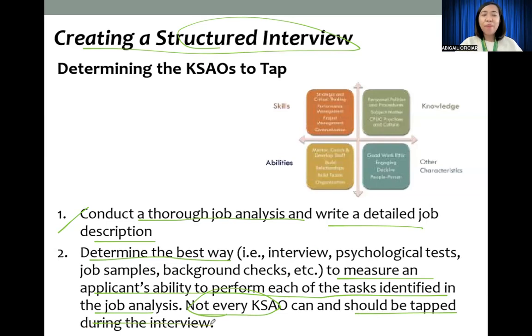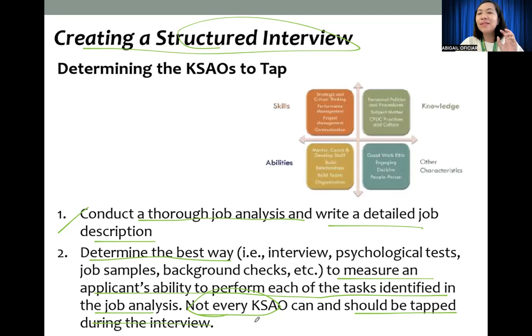Kasi yung iba, pwedeng gamitan ng psychological test. Okay? So example, personality. Sometimes you cannot assess exactly the personality of the person through the interview. Or maybe may hunch ka na ganun siya, but you have to validate that. You have to use another tool, another way to assess, like using psychological tests or skills tests to measure the KSAOs.